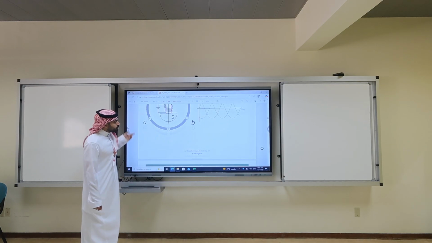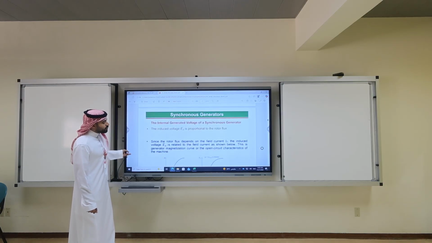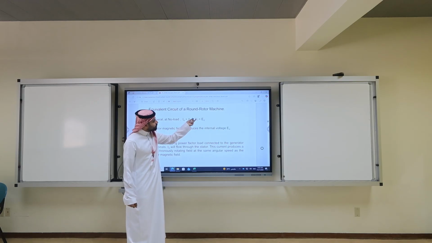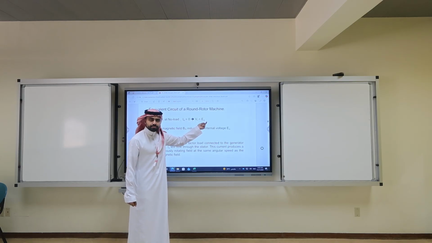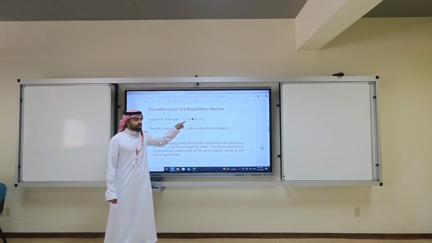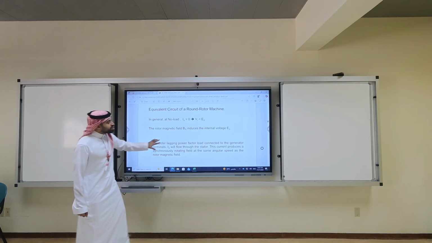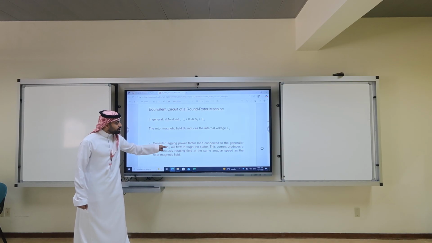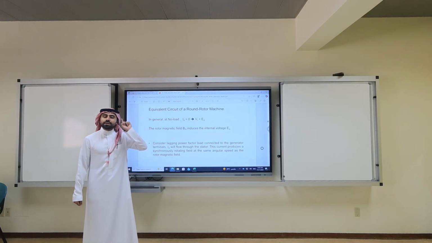Zero. If you look at this slide, I adjusted the notation to be VT equal EA. So at no load, there is a terminal voltage, but there is no terminal current. The moment I connect the load, I will have a current flowing with electrical frequency equal to the rotational frequency.